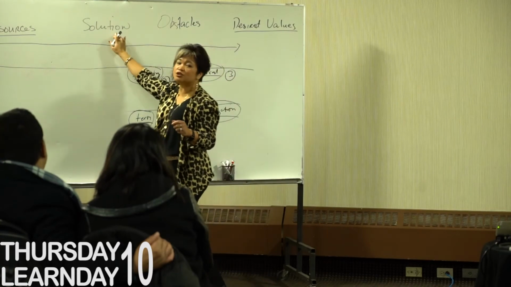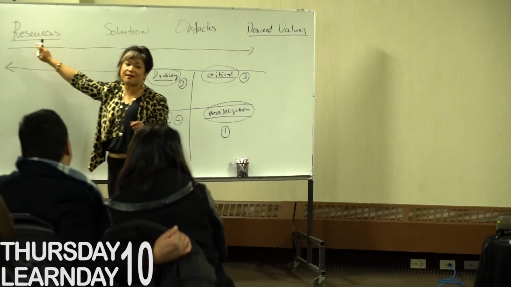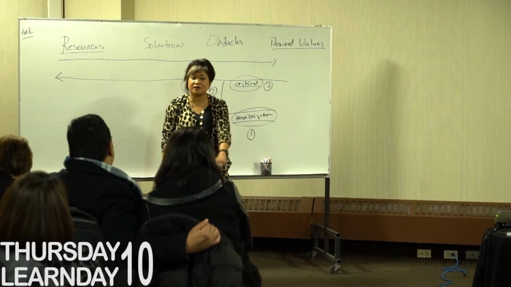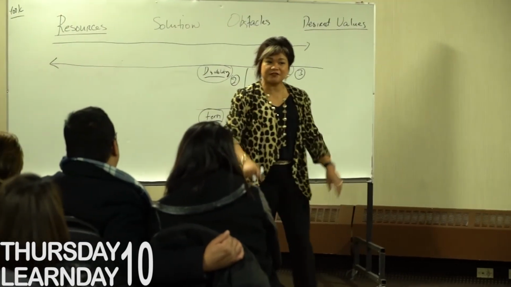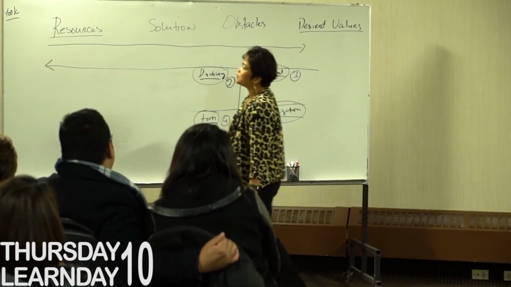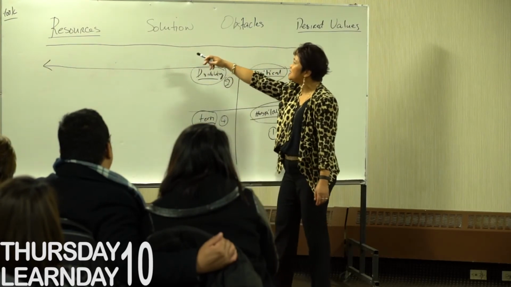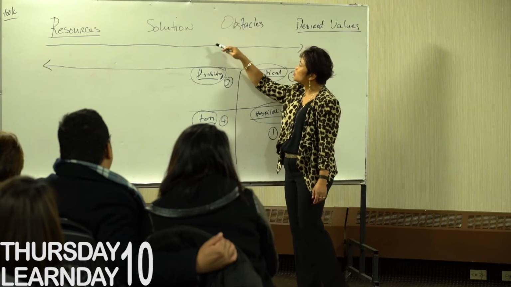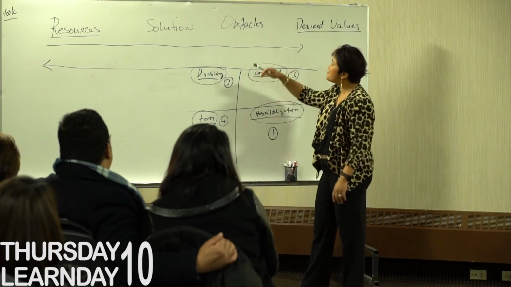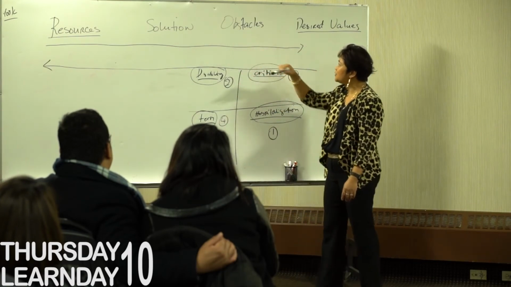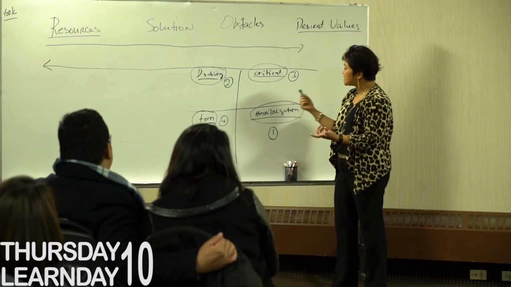Then you give them the resources of how they can do it. You can do a lot of things, but a lot of people, with 100,000 of them, they start from here. First, they need to find the money to solve the solution, and then to cover the obstacles. Why are they not saving or protecting themselves?